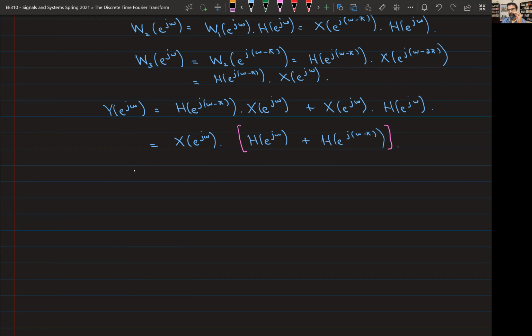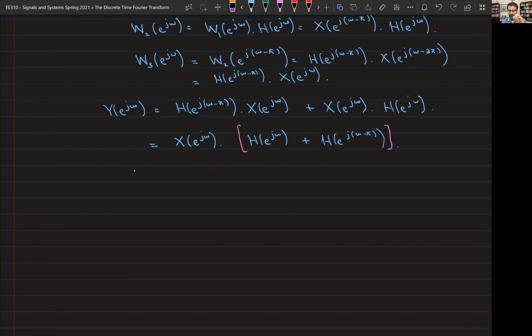Remember, systems are LTI if and only if the input and the output are governed by the convolution relationship. And I know that convolution in the time domain is the same as multiplication in the frequency domain.